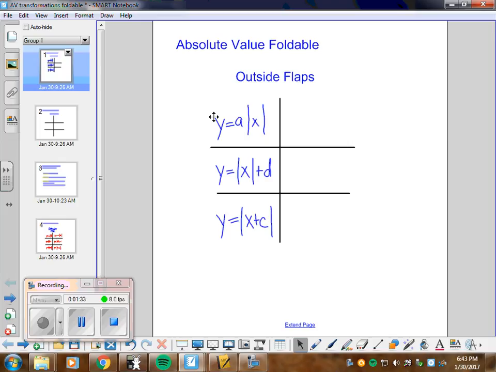The last flap has Y equals the absolute value of X plus C, so the C is inside the bars. So that's your flaps down the left-hand side.